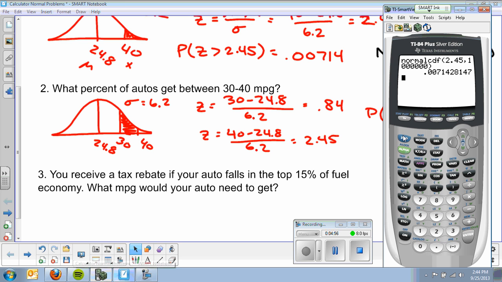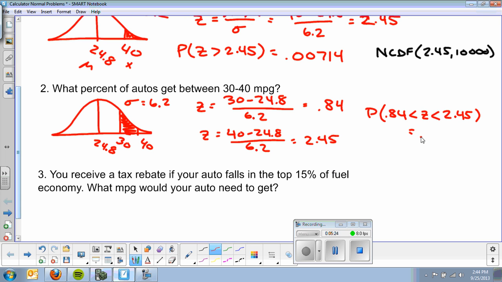So I'm going to come over here, second vars, I'm going to hit number 2 or scroll down to normal CDF and type it in. Min 0.84, max 2.45, and drum roll please, 0.1933. I get that area without having to use the table.